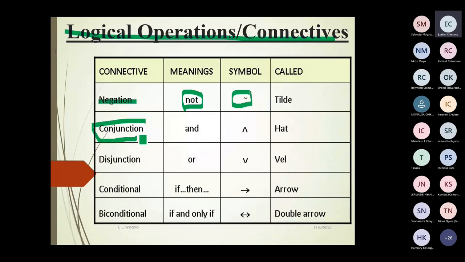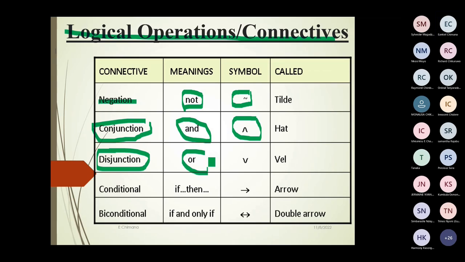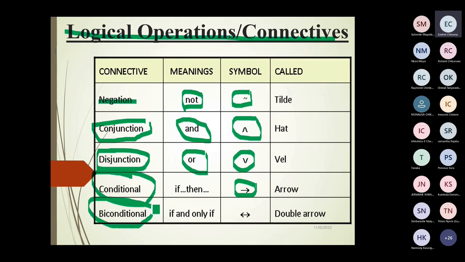There is the conjunction, which is an and, and this is the symbol that we'll be using. There is the disjunction, which is the or, and you'll be using this symbol. There is the conditional, which is the if-then relationship, and you use this symbol. And there is the biconditional, which is if and only if, and they use this symbol.